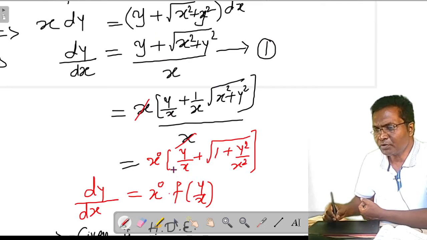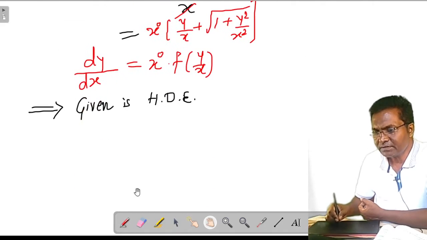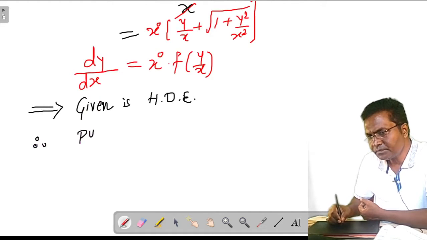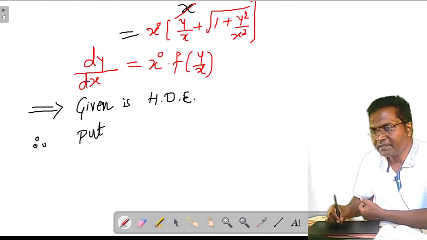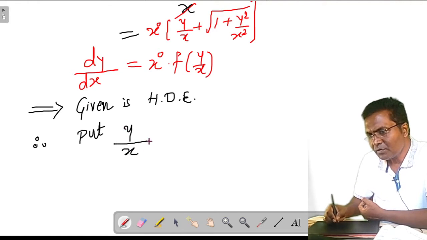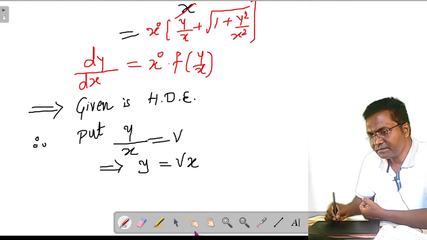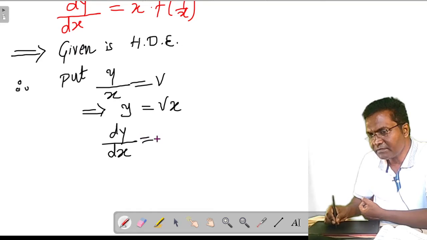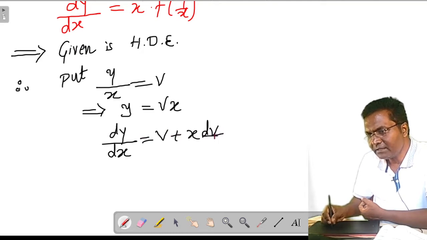In this you have to put y by x is equal to v. So as you know the working procedure, if dy by dx is expressed in the form of f of y by x, put y by x is equal to v, that is y is equal to vx, and its differentiation, if we differentiate with respect to x, you will get dy by dx is equal to v plus x dv by dx.